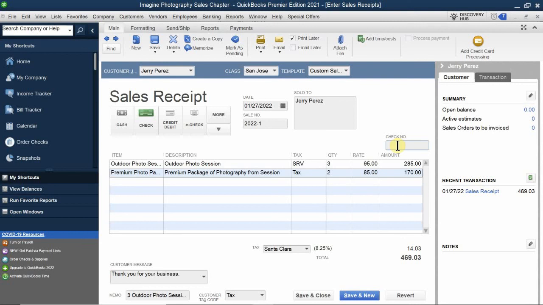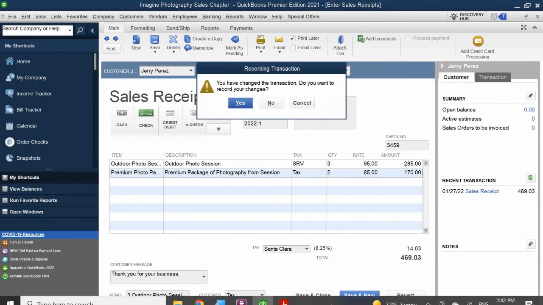So in this case, he did write us a check. Whatever's written on his check is what you're going to record here. So in this case, Jerry Perez wrote us check number 3459. Okay, and I'm going to save and close.